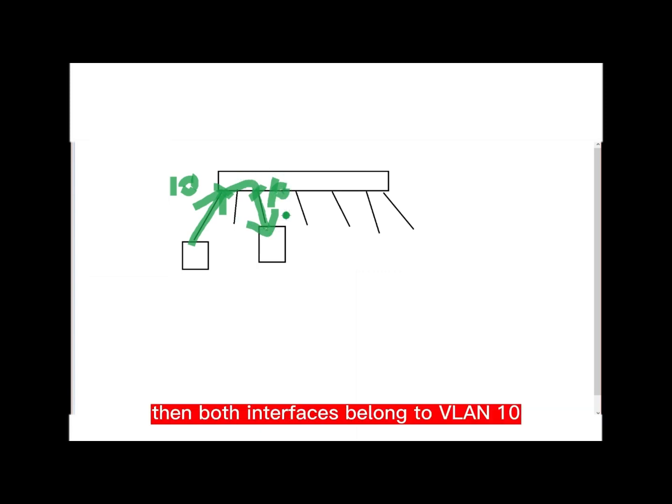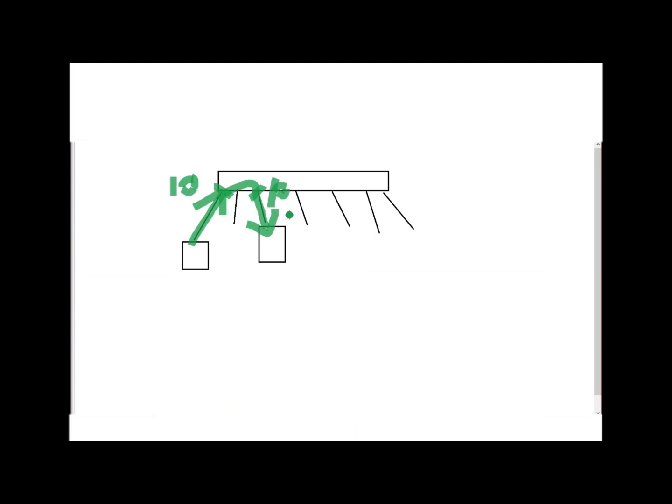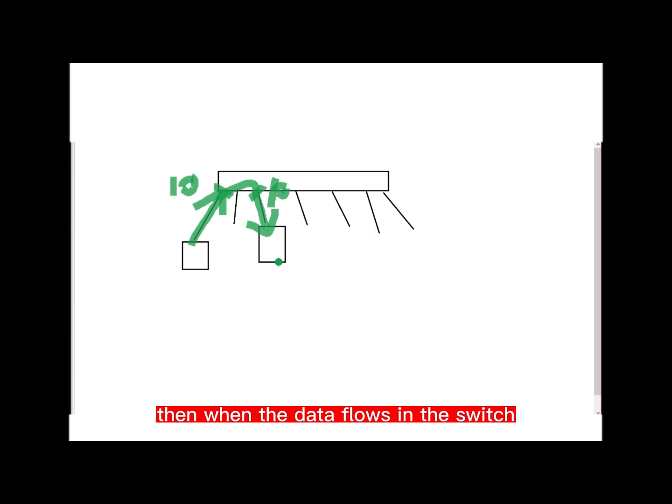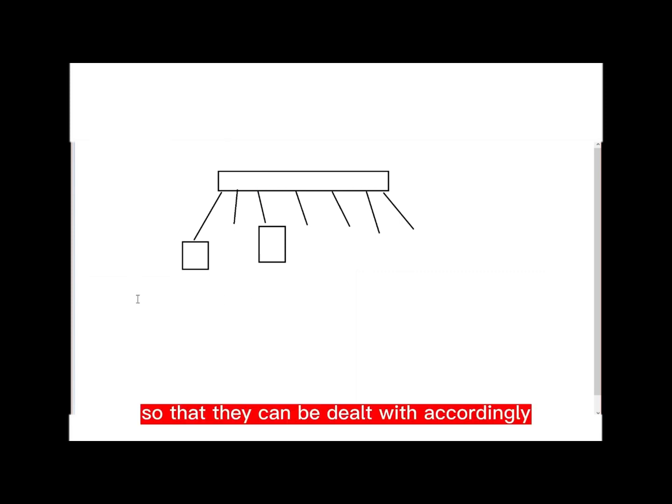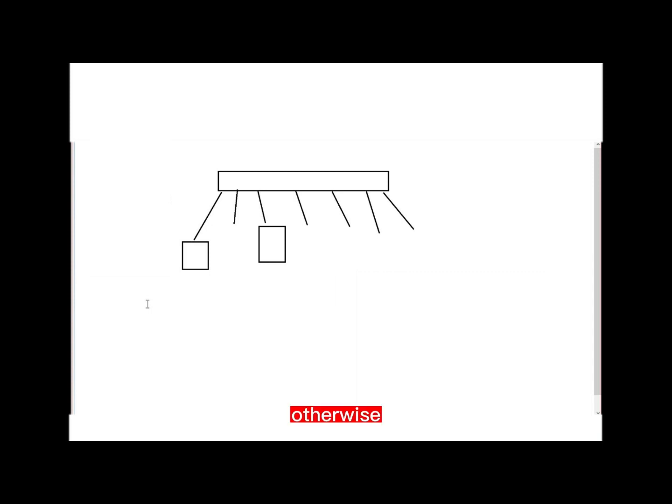Then both interfaces belong to VLAN 10. Tag when data comes in, then when the data flows in the switch, it carries the tag. Remove the tag when it comes out, then send it to the terminal, so that they can be dealt with accordingly. It is reasonable to be able to do this. Otherwise, the technique is useless.